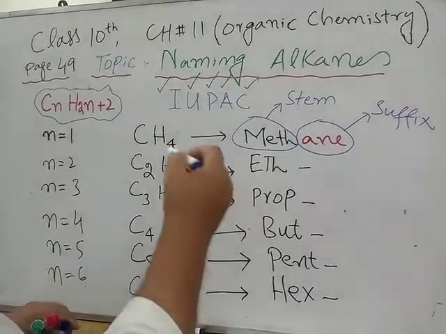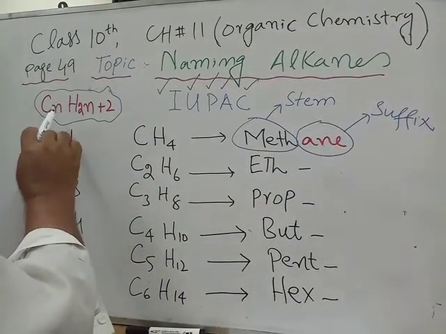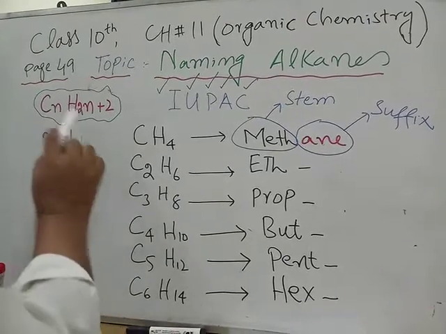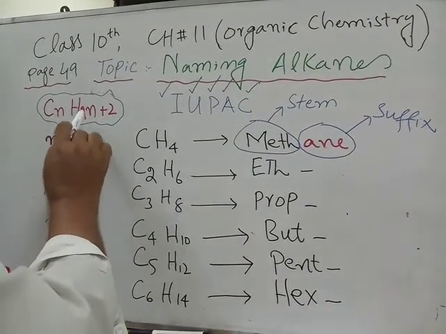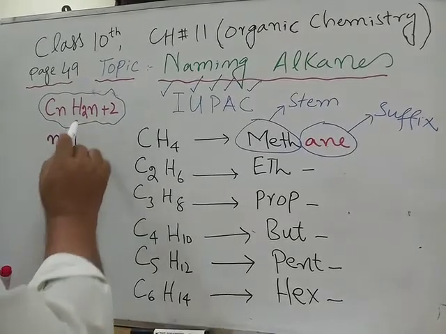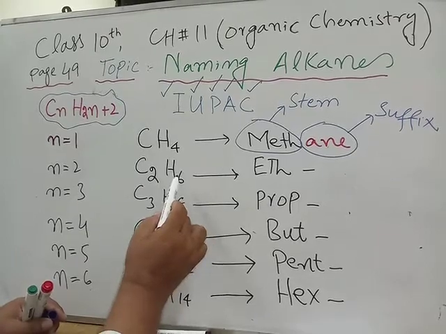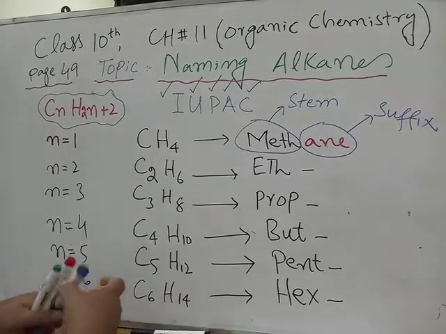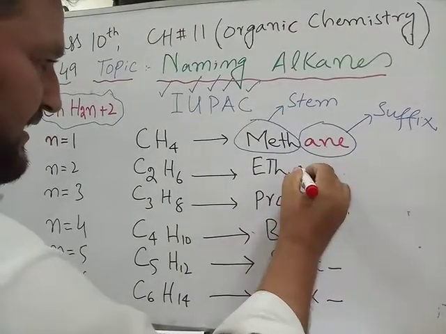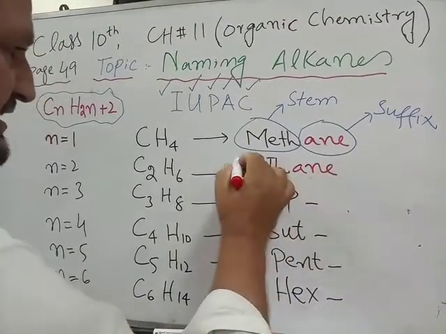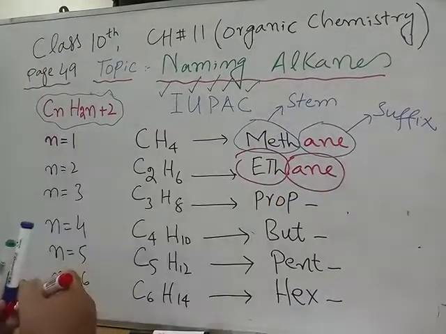Similarly, if I put n equal to 2 here, we will get C2H(2×2+2), which is C2H6. This is called ethane. Again, eth and ane: this is the prefix part and this is the suffix.